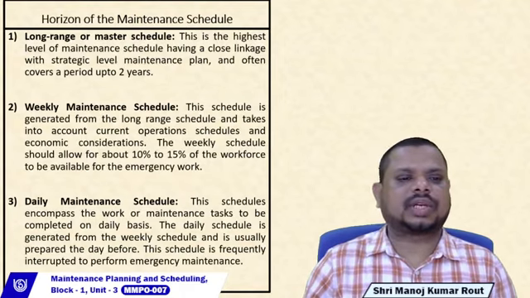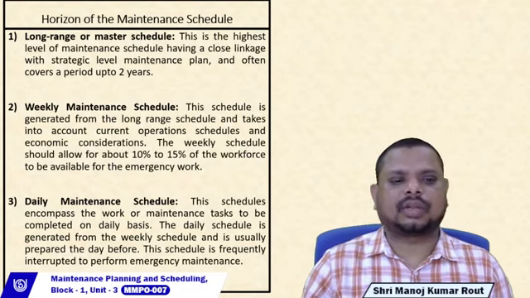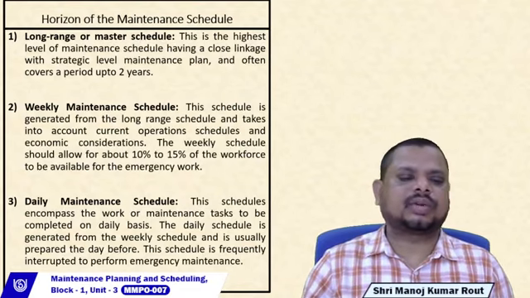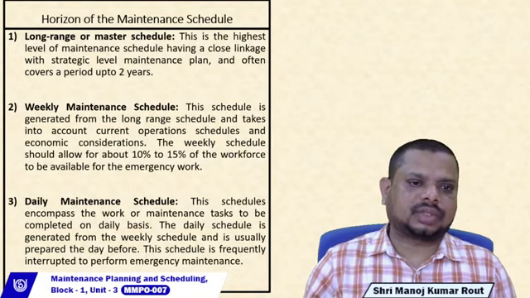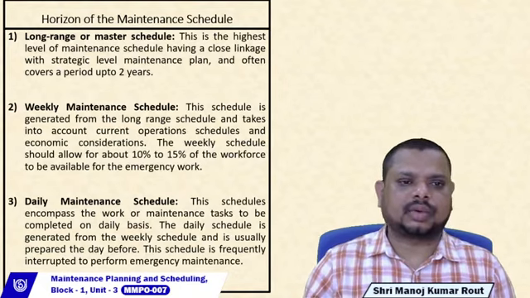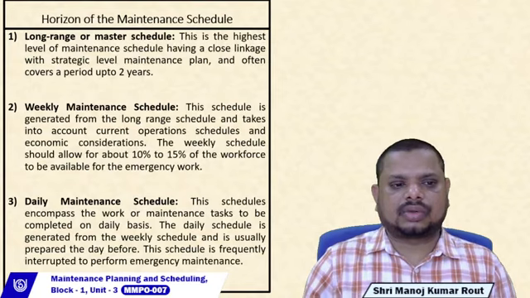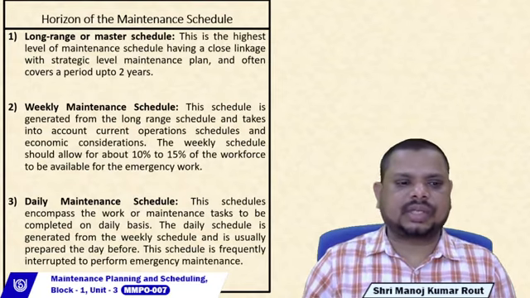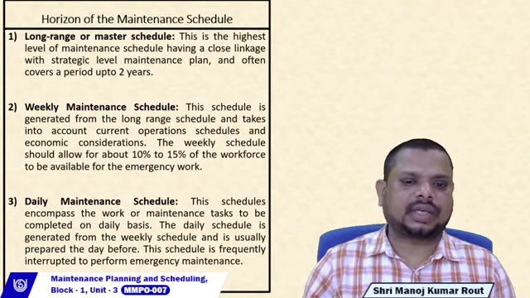From this master schedule, many companies prefer weekly maintenance schedules as well as daily maintenance schedules. This is the core heart of any maintenance schedule. The weekly maintenance schedule is generated from the long range schedule and takes into account current operation schedules and economic considerations.